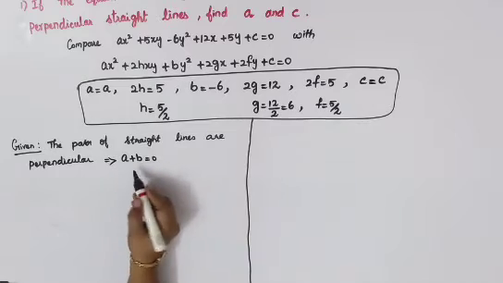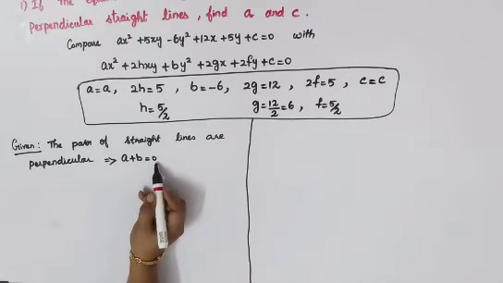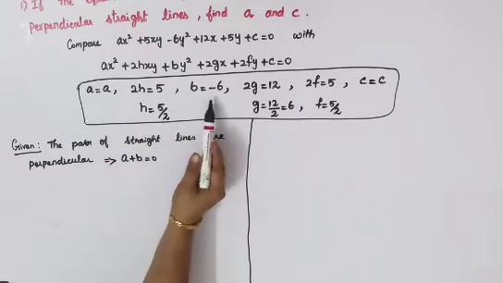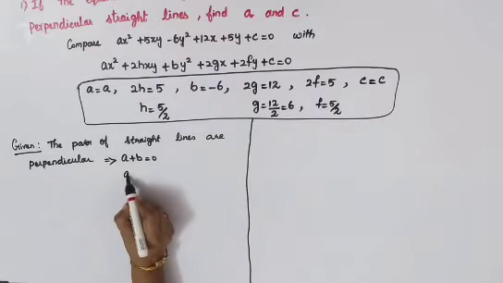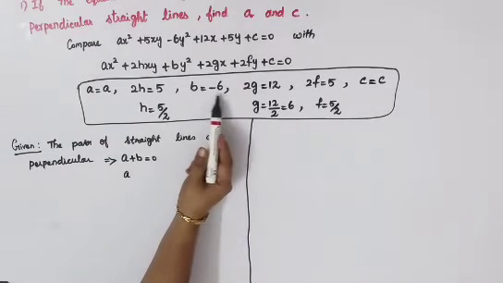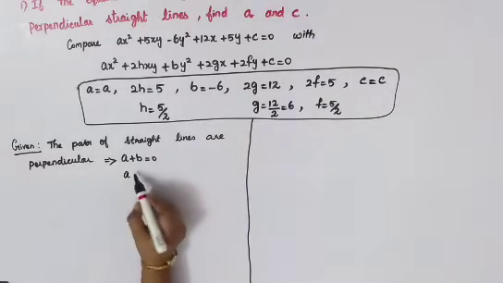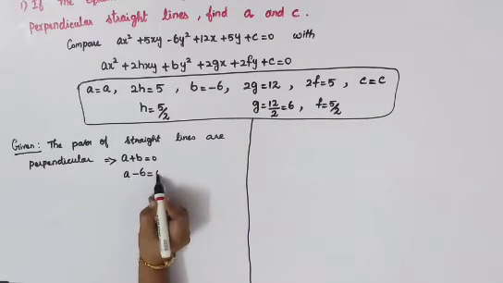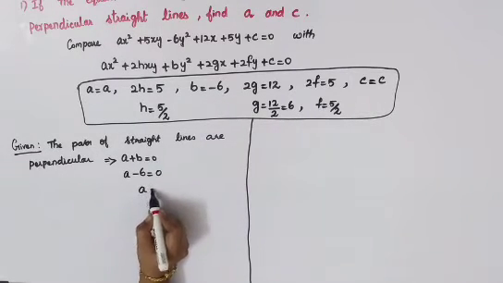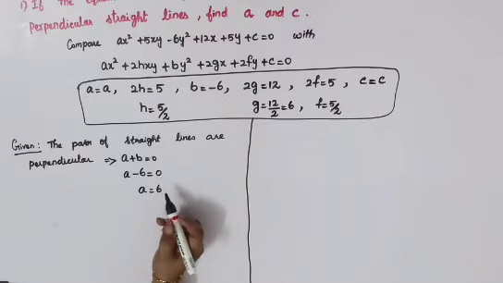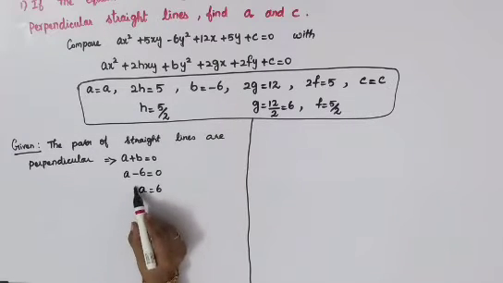So this implies that a + b = 0. Here a is unknown and b is −6, so a + (−6) = 0. Therefore, the value of a is 6. They first asked you to find a, so we have got a. Your first value we have got it.